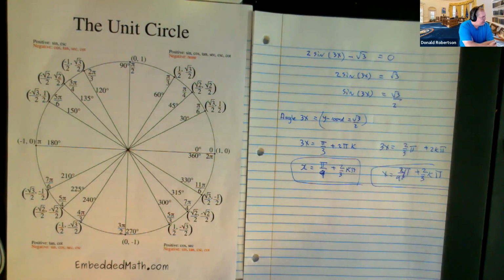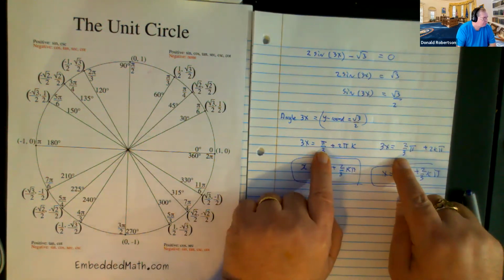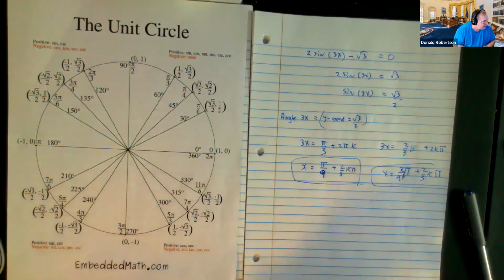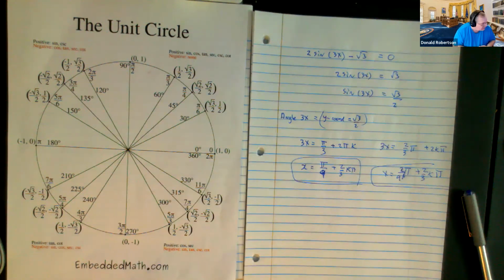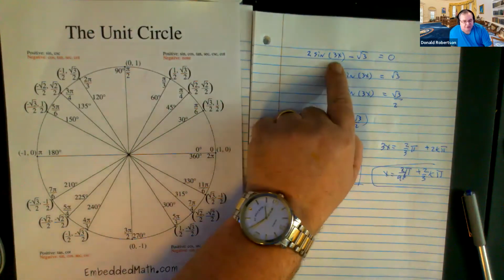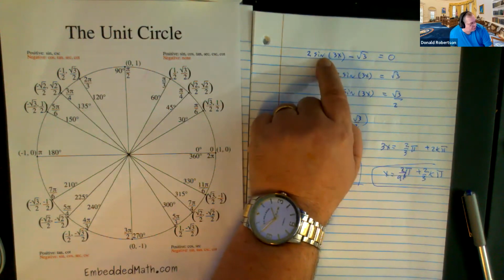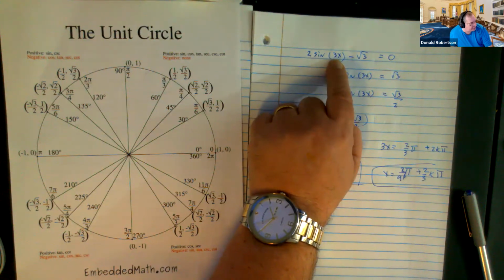Now, if you did it the way WebAssign looks like they're doing it, wouldn't you get these two answers and then you would add multiples of 2 pi k, and then wouldn't you have to go hunting for all the other ones, right? And if you were going to do it that way, what is the period of the sine of 3x?